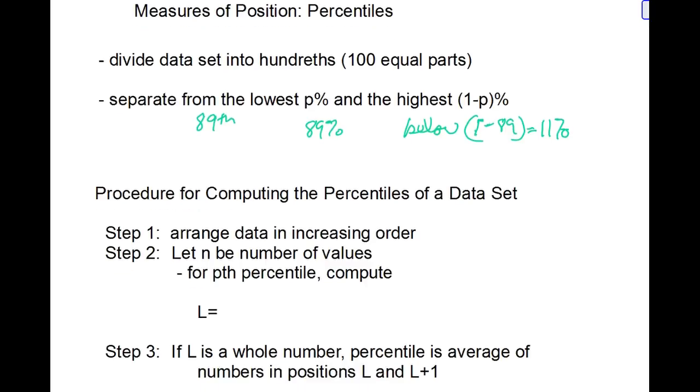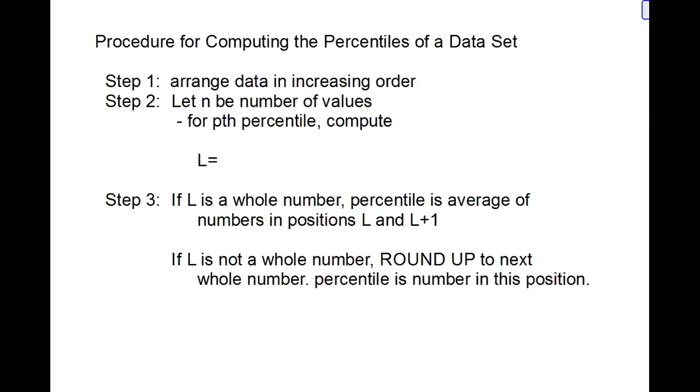So the procedure for computing percentiles: first we still have to arrange the data in increasing order, from the least to the greatest. And then if n is the number of values, the pth percentile can be computed. Remember that L is our location. What we're going to do is put p divided by 100 times n.